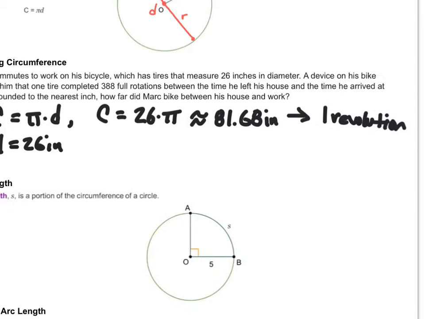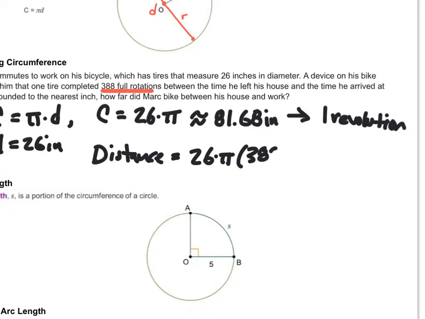So what I want to do is take this number here and multiply it by 388 full rotations, because that's how many rotations we had. So if I were to find the distance traveled, then I would take my circumference, which is 26 times pi, and multiply that number by 388.